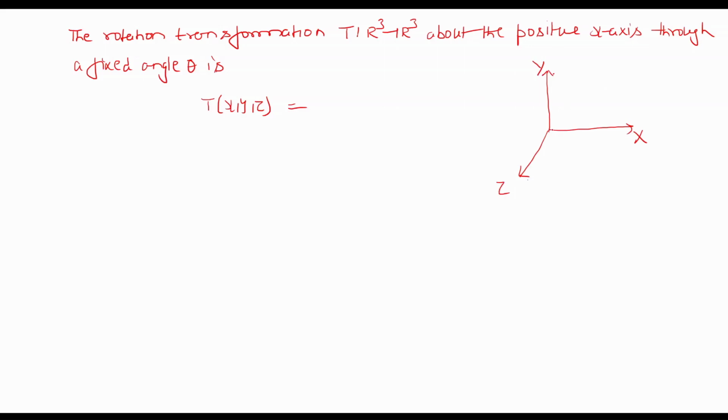If you have any vector x, y, z, and you rotate it about the x-axis, what should be the new vector after these rotations?